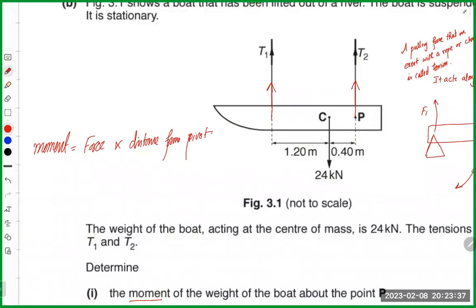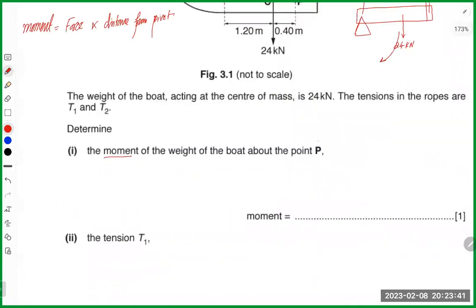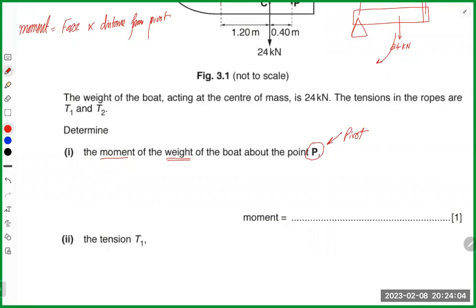So in this case, he has selected a pivot point for us. He's giving us P as a pivot, because he's saying about P. When he says about, it means he wants us to consider P as a pivot. So moment is force multiplied by distance from the pivot. And whose force? The weight. So weight will be considered as a force.